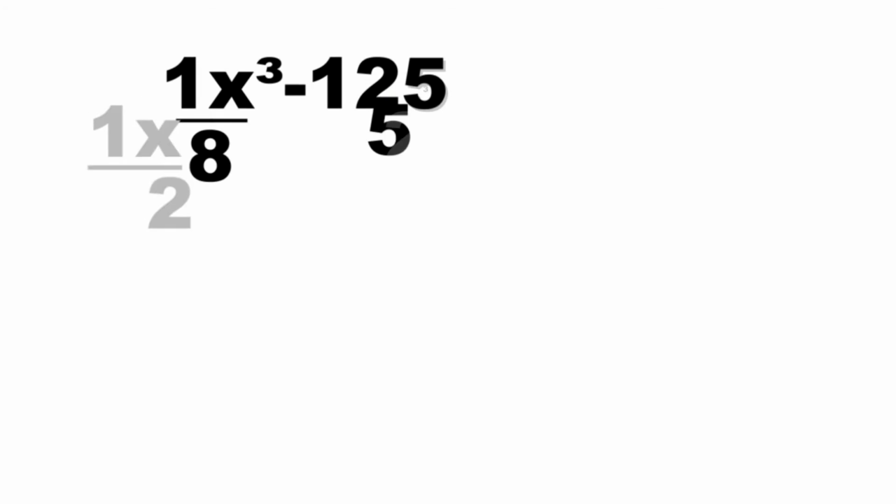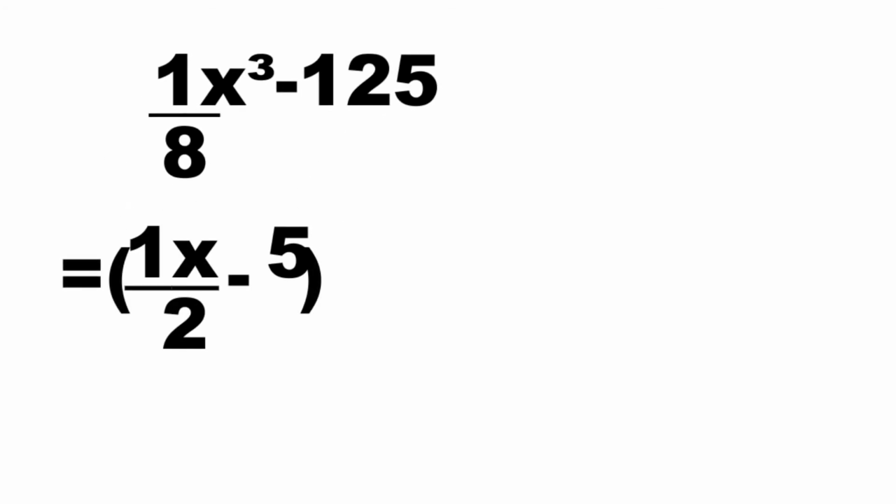So we have 1/2 x minus 5. This is minus and this is minus. The cube root of 1/8 x cubed is 1/2 x, and the cube root of 125 is 5. Then you have to square this one for the trinomial factor.